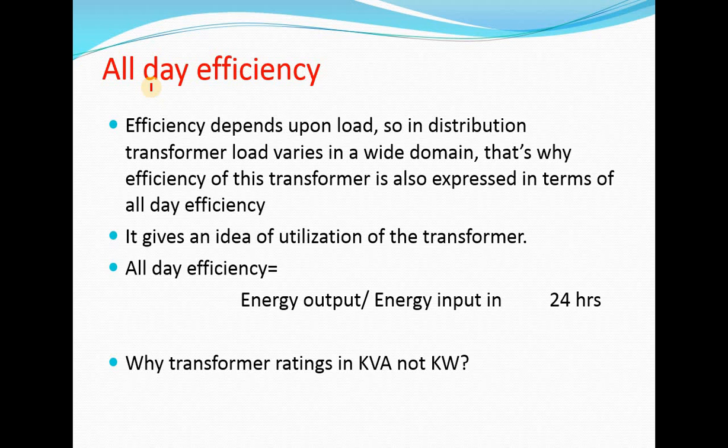So what does it mean? It means the efficiency varies throughout the day. So how can we define the efficiency of the transformer, because efficiency is varying throughout the day? That is why the efficiency of the distribution transformer is expressed as the all day efficiency.